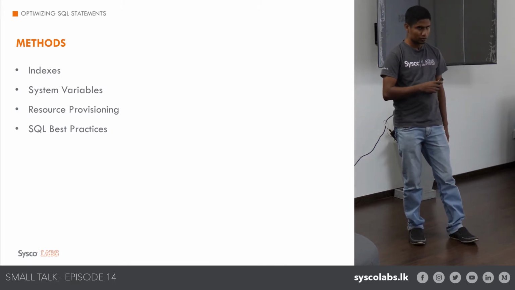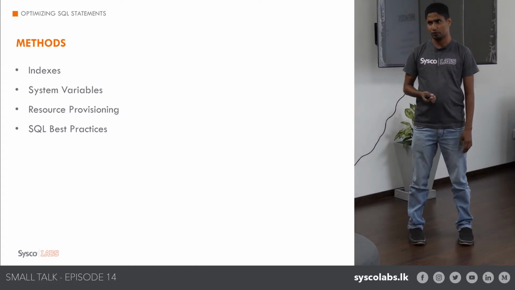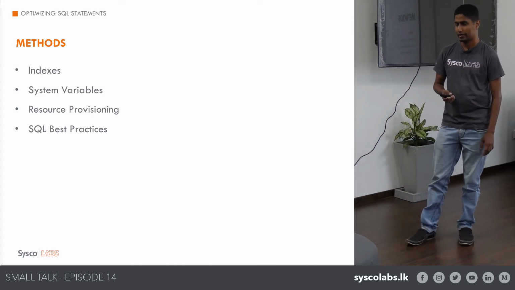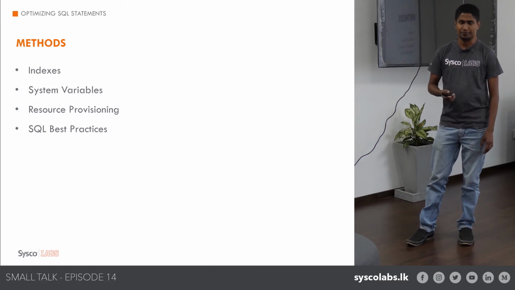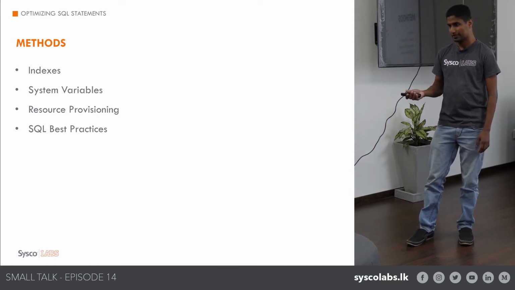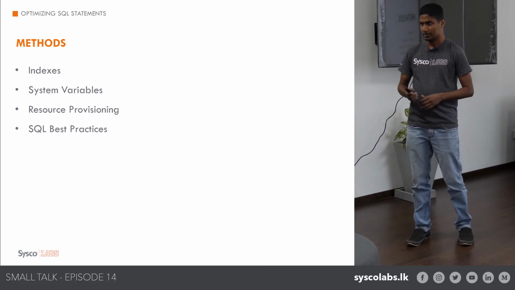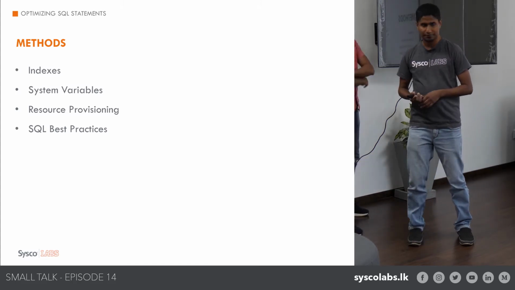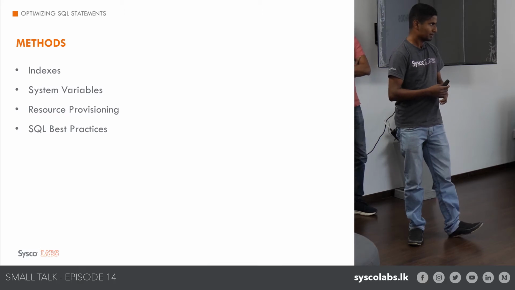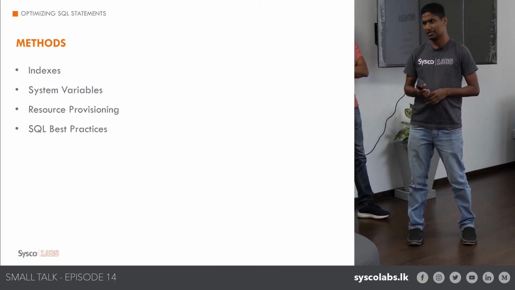The other one is resource provisioning. This is pretty straightforward. You monitor your database, and if you see maybe the CPU or memory utilization is high, then you can just go ahead and provision, scale up your instance. This is usually considered the last resort.